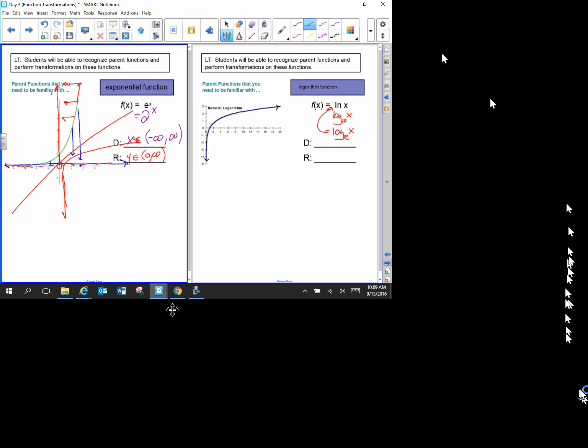So as I look at this graph right here, my domain, I smash it all down. I don't get 0, but everything else gets pulled down. So I get x such that it's bigger than 0. Not equal to 0, not bigger than it.